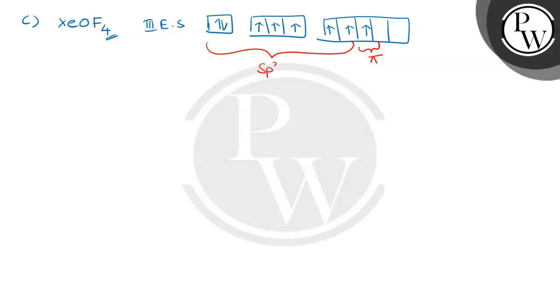Now the hybridization is sp3d2 hybridization. Why did I leave one orbital? Because one oxygen is there. So sp3d2 means 6 bonds, octahedral shape we are expecting. But due to the presence of a lone pair, see, Xe has 4 bonds with 4 fluorine atoms.